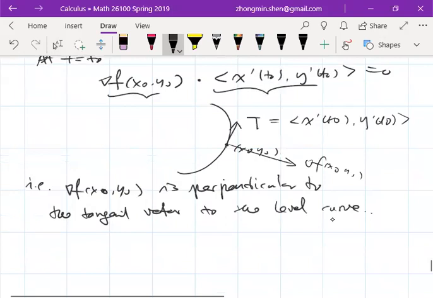So the rate of change is 0. But in the direction of the gradient vector, the rate of change of the function is the maximum value.